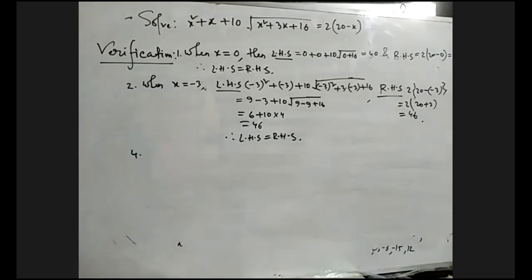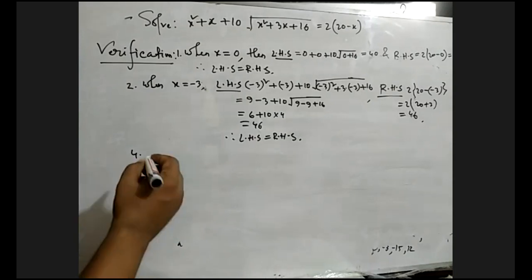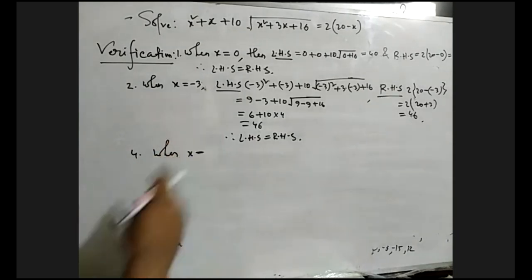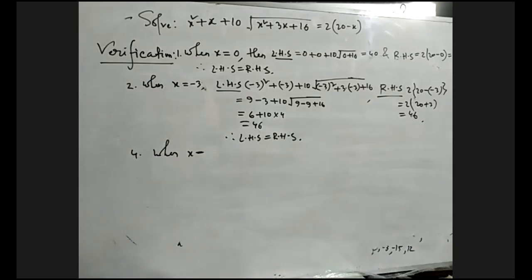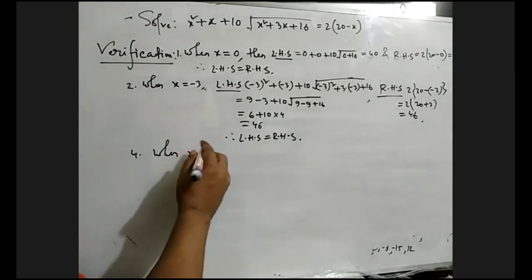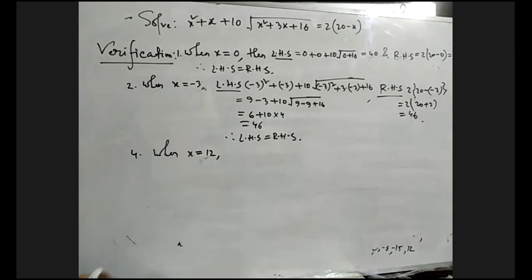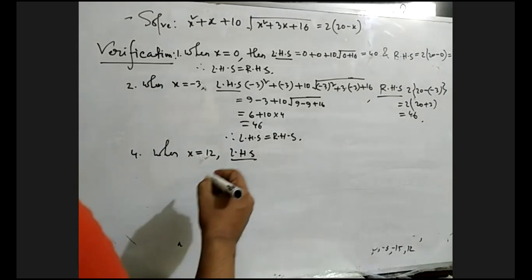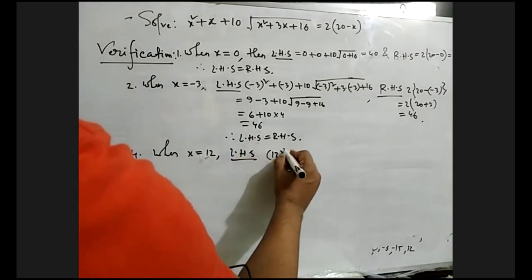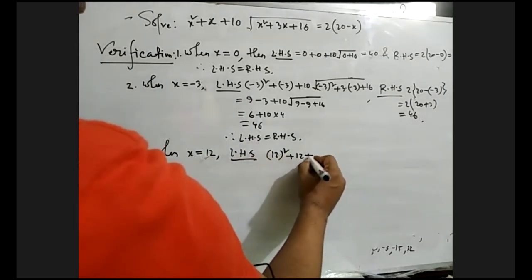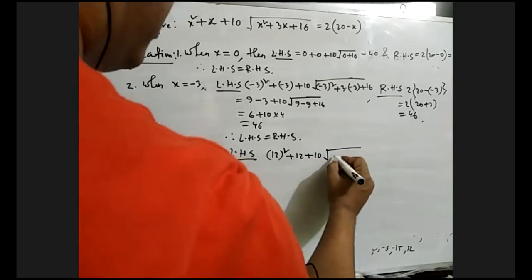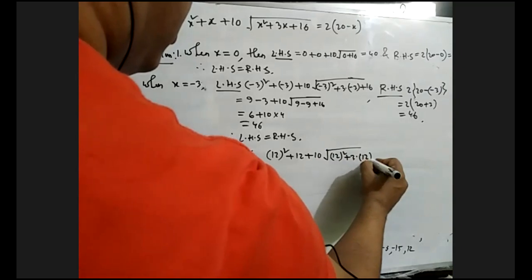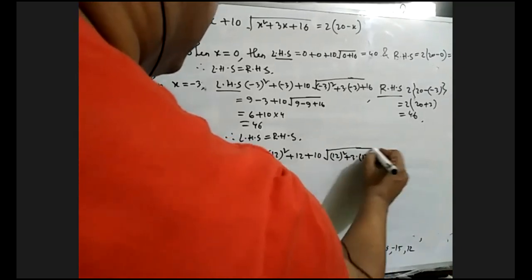Now for the third one, when x equals 12. Left hand side: 12 square plus 3 into 12 plus 16.